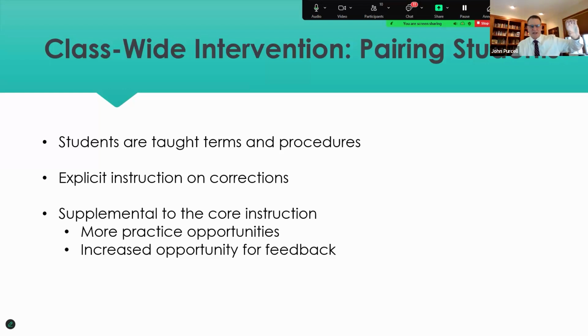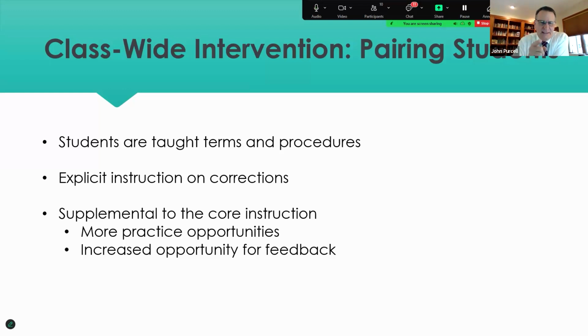So if your benchmark is 90 in the winter for fluency, then you look at the mean of all of your scores. And if that mean is not at or above that 90, that's when you would also use class-wide intervention, and you would group the students accordingly using those numbers. So that's just another way that you can group students, and another way that you can see that you need a class-wide intervention. I forgot to mention that before.